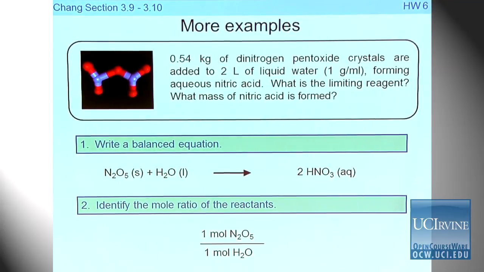Okay, so I see that for each 1 mole of this compound, I need 1 mole of water to completely react. So the reaction is 1 to 1 because the stoichiometric coefficients are 1. All right, so the next step is to compare that with the actual mole ratio.